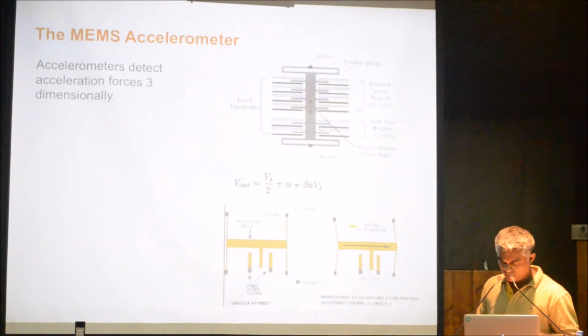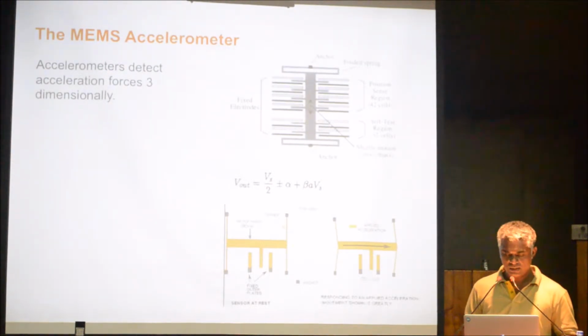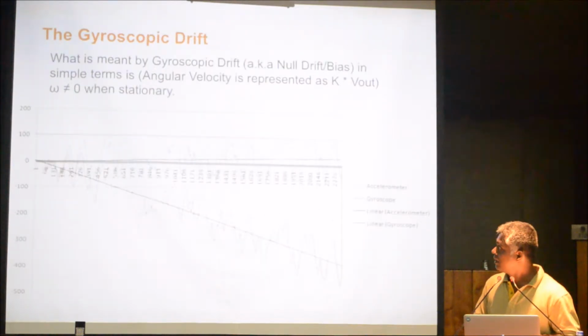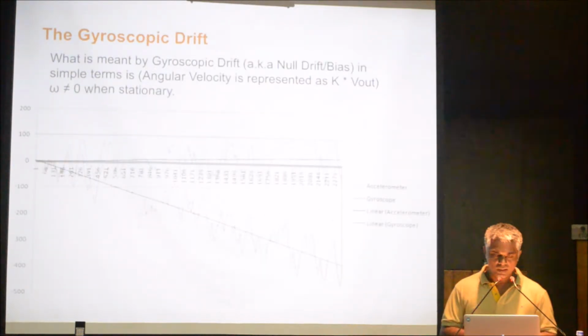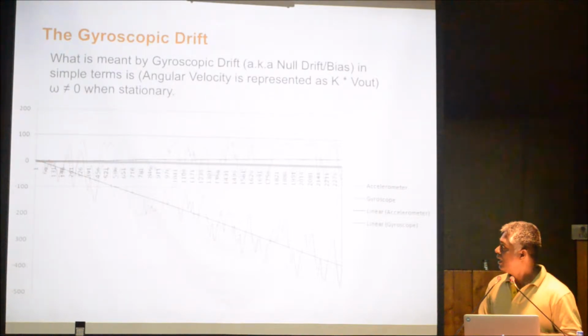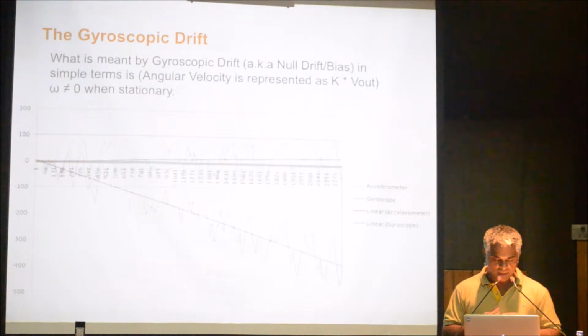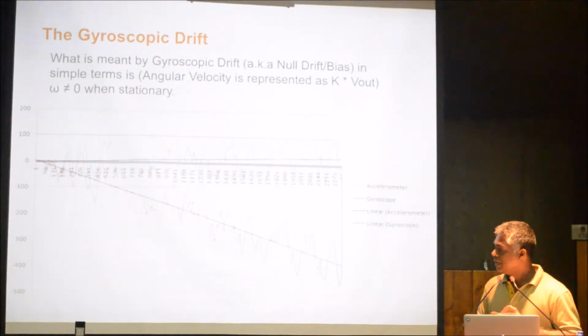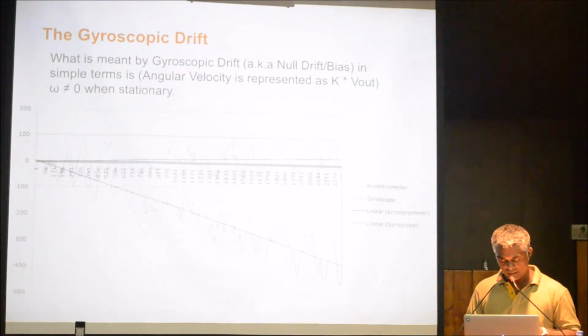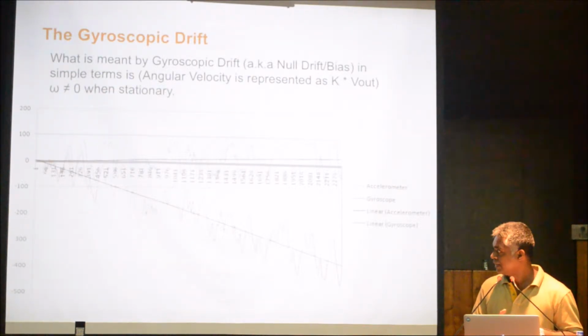And problems with these sensors are, there's a concept called gyroscope drift. What happens is, with the temperature and with time, the digital information that is produced by these sensors tends to vary.